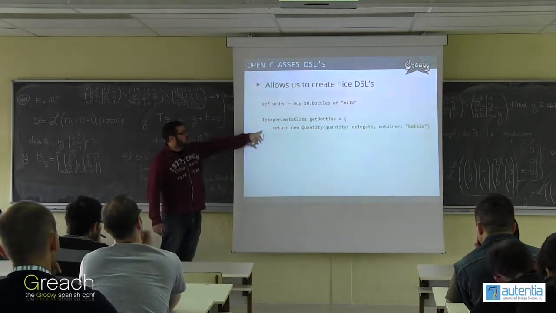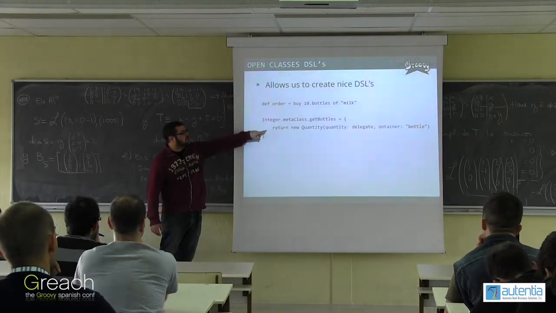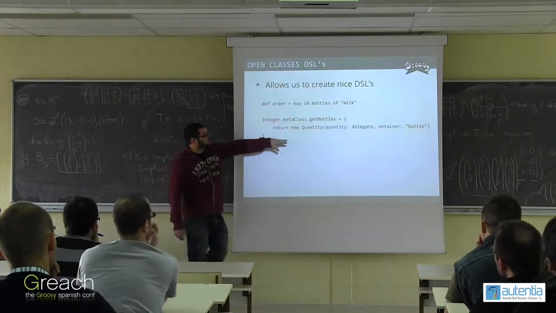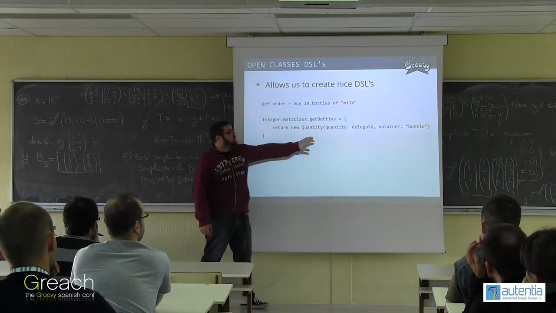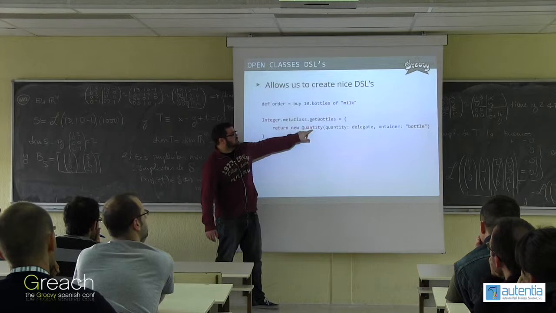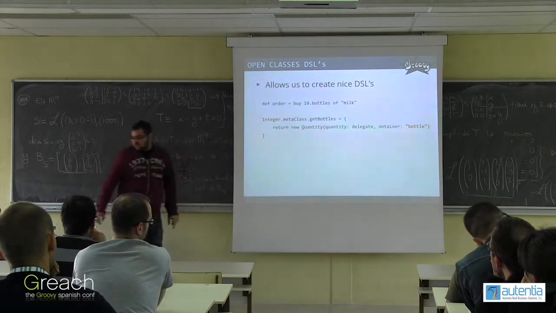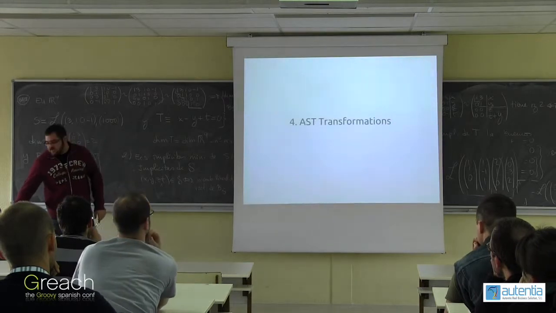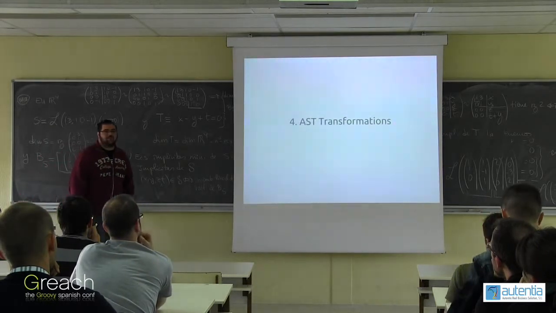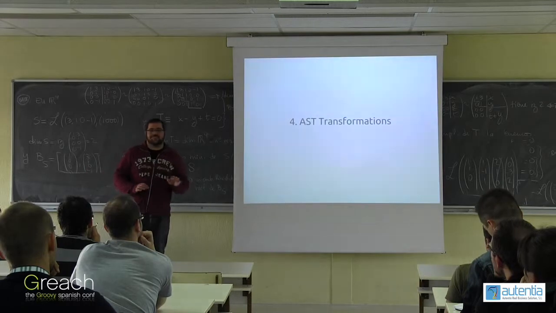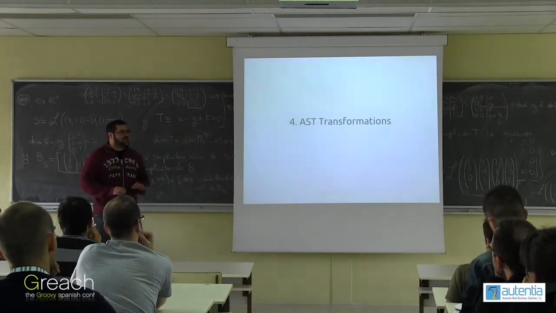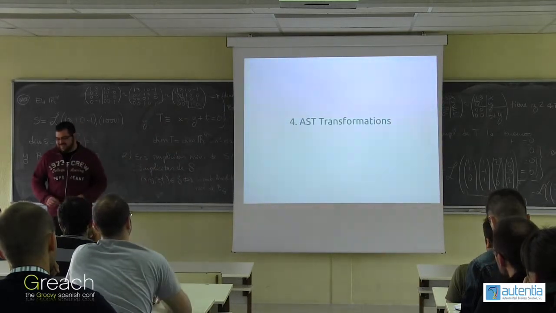You only have to extend the Integer 10 with getBottles and then return your object. Of course, this object, quantity, has to have a method of. Okay, I hope you follow me until this part because the curves are coming.